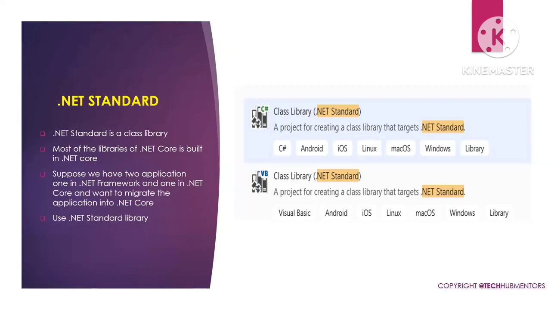Now I want to migrate one by one into the .NET Core application. Then we will introduce a mediator class library, .NET Standard, and create the logic in .NET Standard. By this we can migrate it easily. So this is just a glimpse of .NET Standard. We will explore it more in a later session.